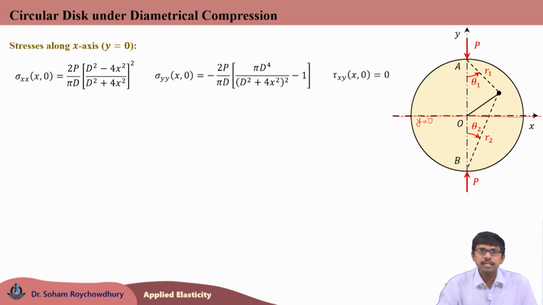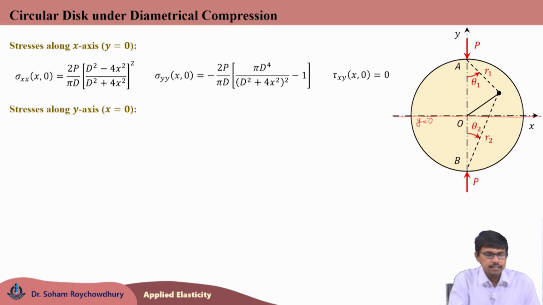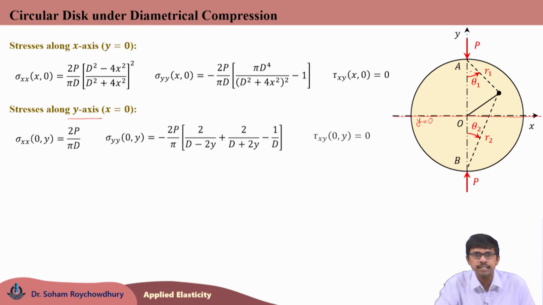Similarly, now if we go for the stresses along the y axis, this is the axis of loading. Load is applied along the y axis. Both the compressive loads P are applied at points A and B, which are along the y axis. So, along the axis of loading, if you find out the stress components sigma xx, sigma yy and tau xy, tau xy is once again 0, sigma yy is a function of y, and sigma xx would be a constant.